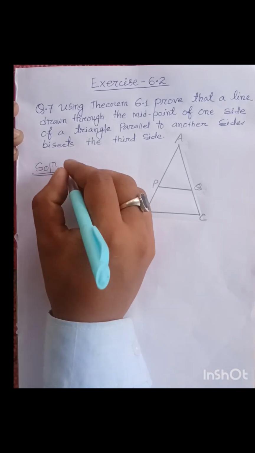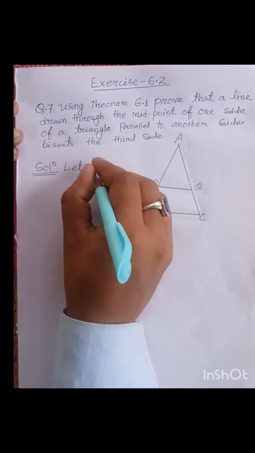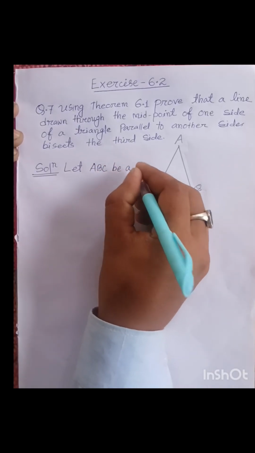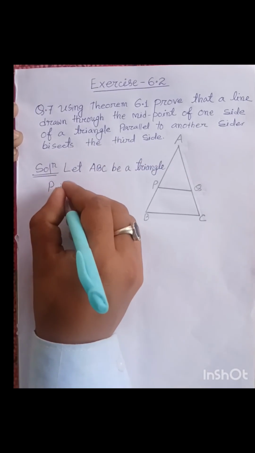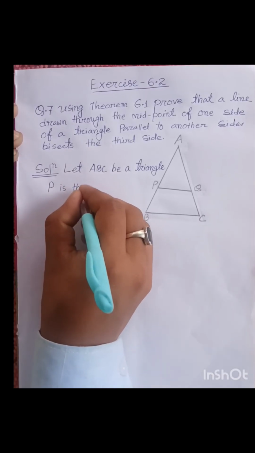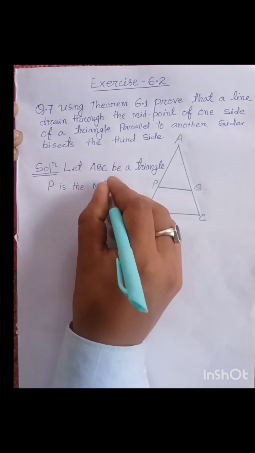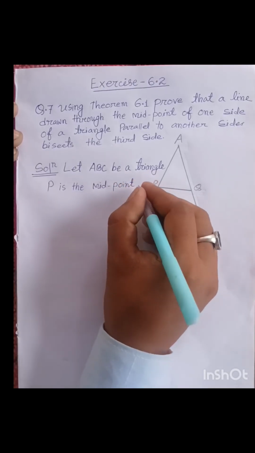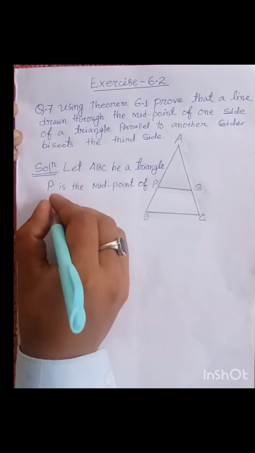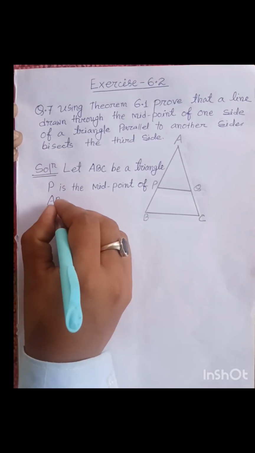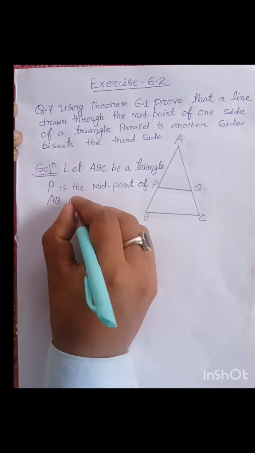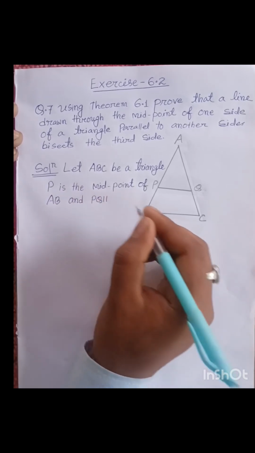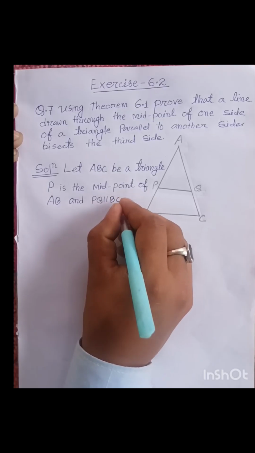So in the first step, you write: let ABC be a triangle, P is the midpoint of AB, and PQ parallel BC.